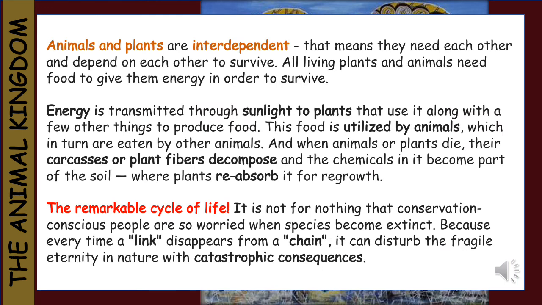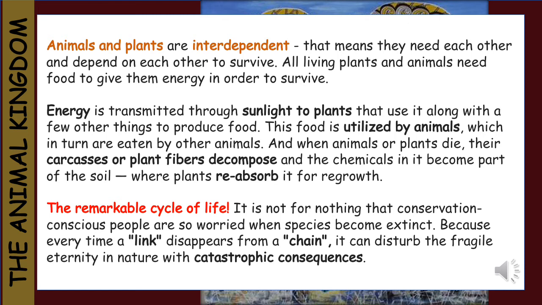It is very important for us to realize that animals and plants are interdependent. That means that they need each other and depend on each other to survive. All living plants and animals need food to give them energy in order to survive. Energy is transmitted through sunlight to plants that use it along with a few other things to produce food.